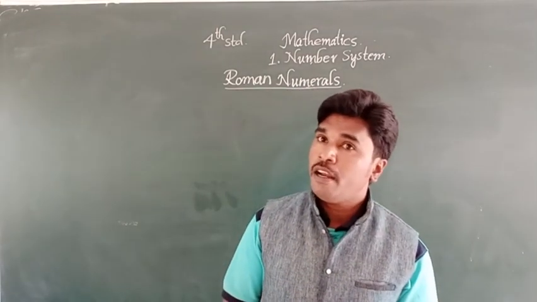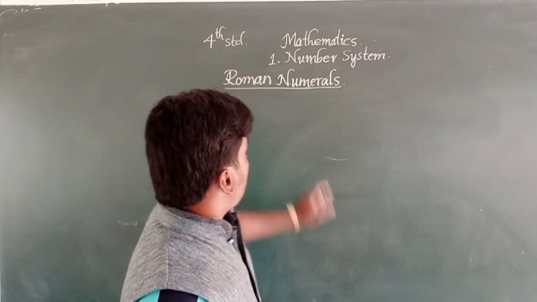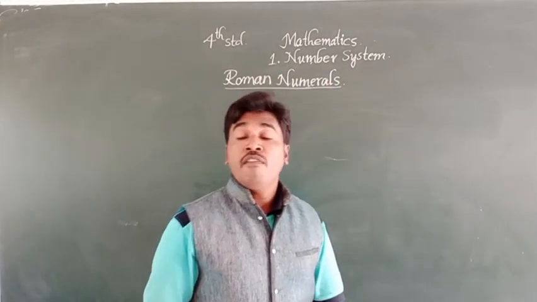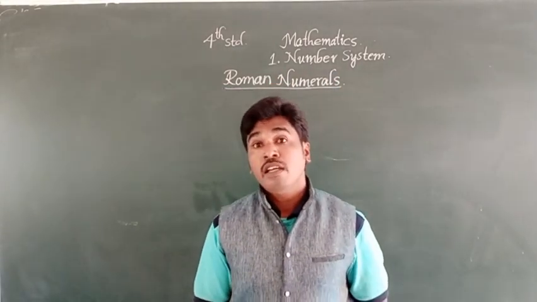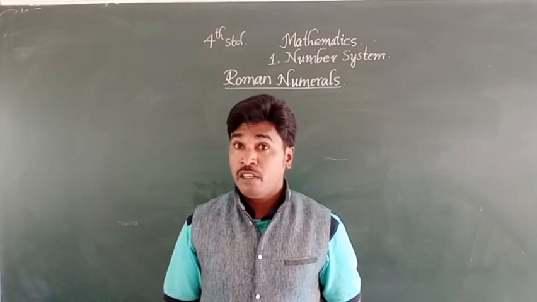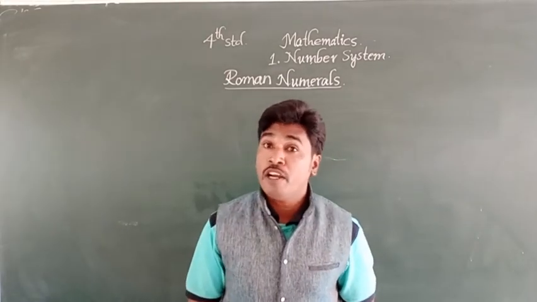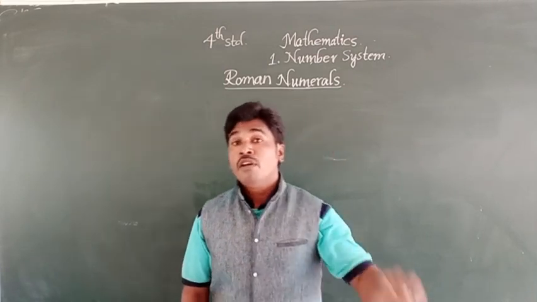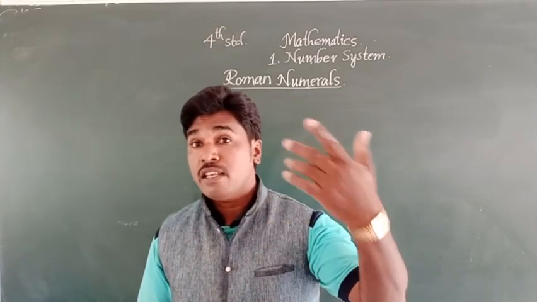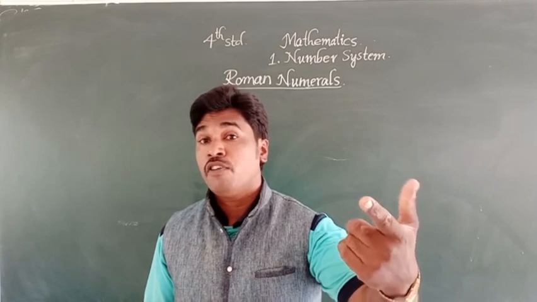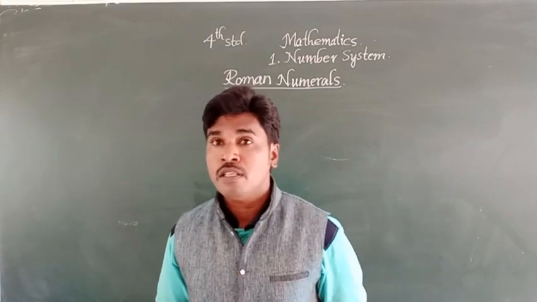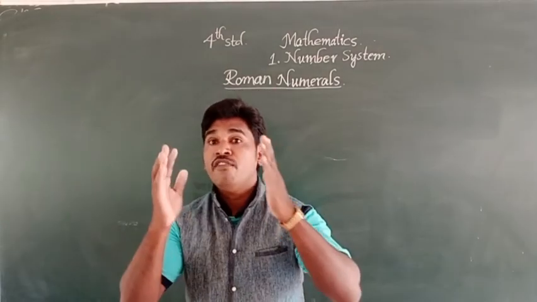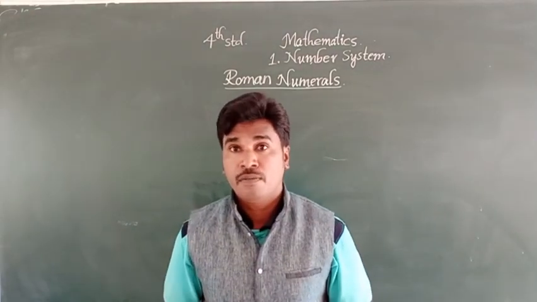In the first standard, the first chapter is number system. We discussed many things in the number system chapter. Can you glance once at the points you have learnt? Dear children, we discussed 5-digit numbers as well as 6-digit numbers, place values and face values of the numbers.